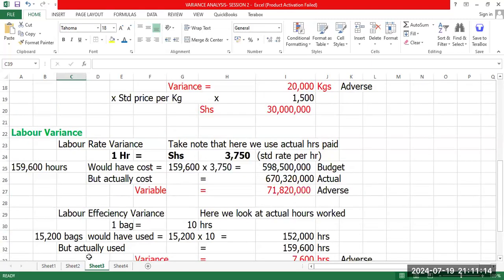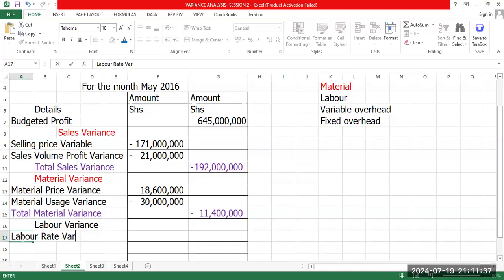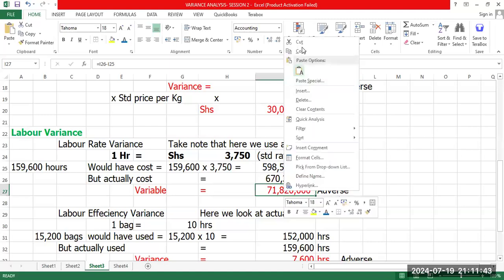So we can copy this. We record our labor rate variance here. Labor variance, and we have labor rate variance, which is this figure.